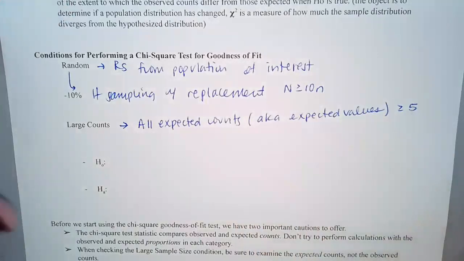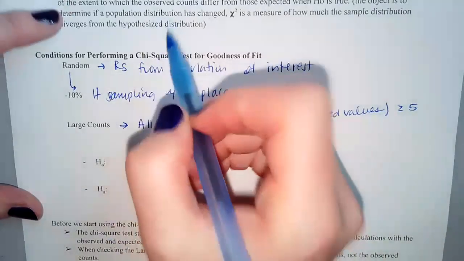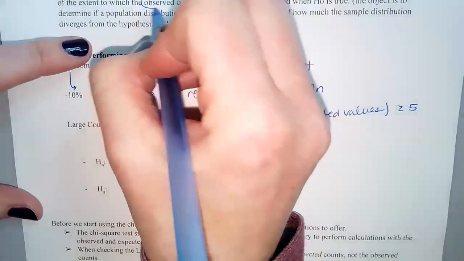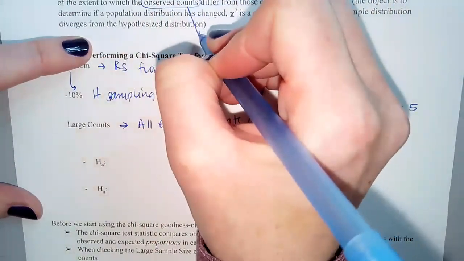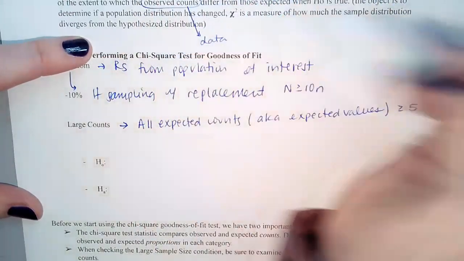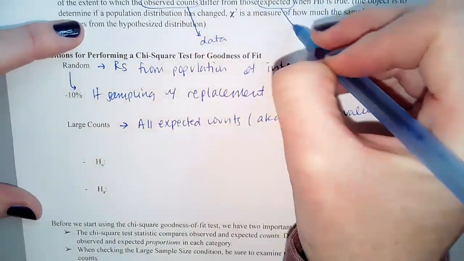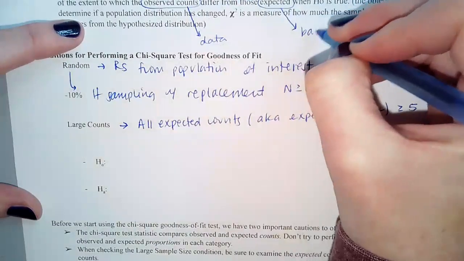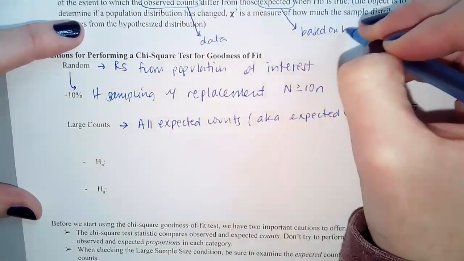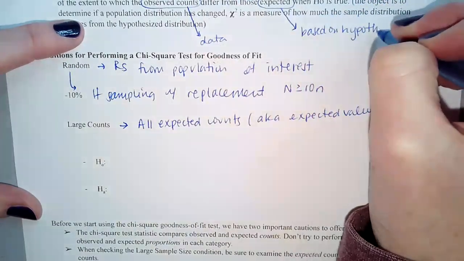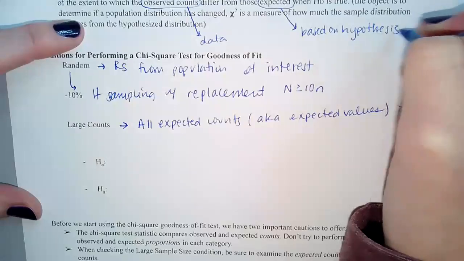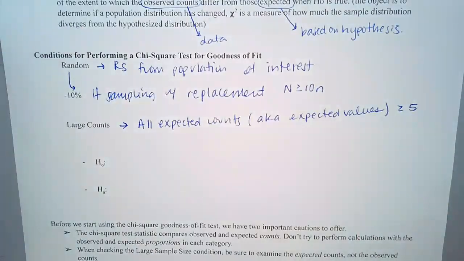Okay, so what is this about? So we're going to have some observed counts. This is going to be from our data. And then we're going to have what's expected. And so expected is based on our hypothesis. Hypotheses, actually.